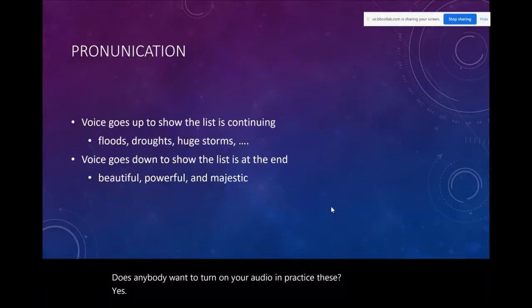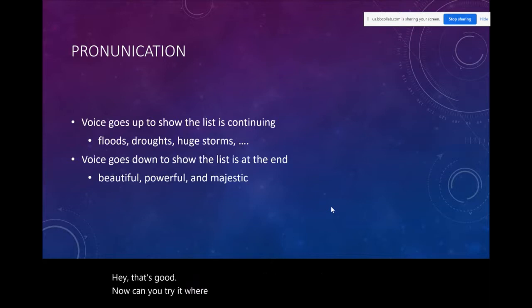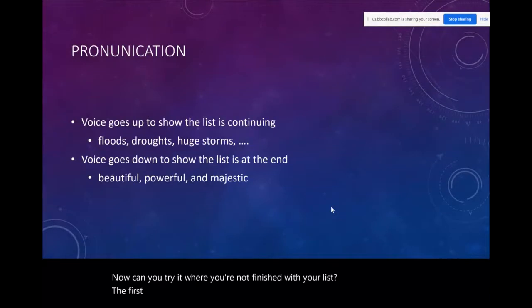Beautiful, powerful, and majestic. Hey, that's good. Thank you. Okay, now can you try it where you're not finished with your list? The first one. Oh, yes. Floods, droughts, huge storms.